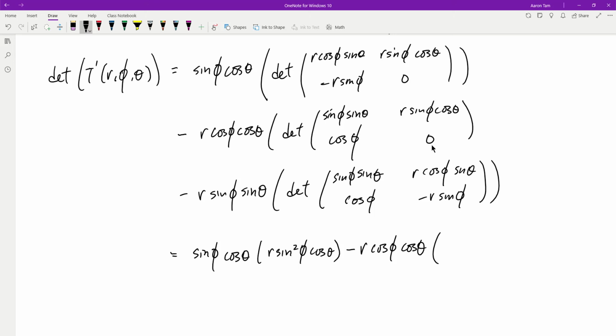Same thing: because d is 0, a times d would be just 0, and then you have negative r sine phi cosine theta.